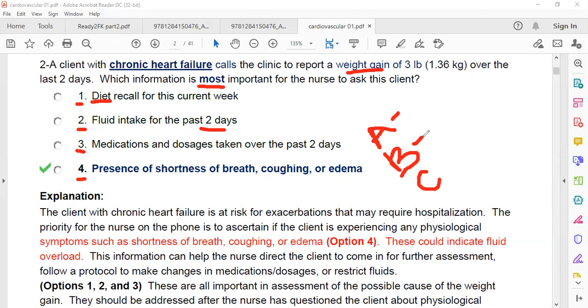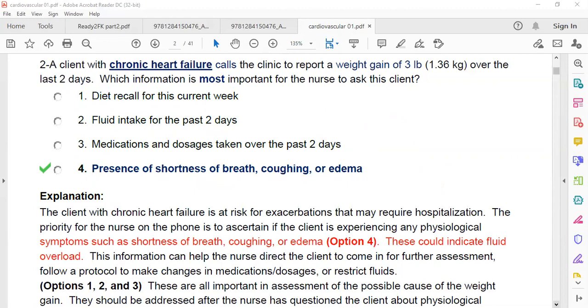Second is breathing pattern, respiratory pattern, and C, any kind of circulatory problem. So presence of shortness of breath means a respiratory problem. Shortness of breath means difficulty of respiration or breathing, coughing, and edema. Most appropriate for this patient to ask.